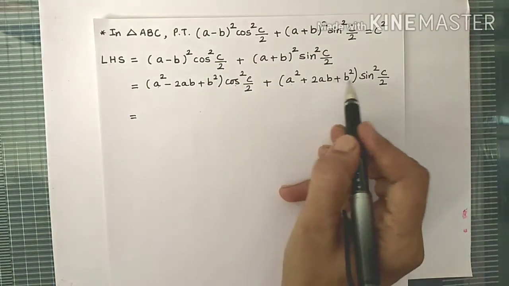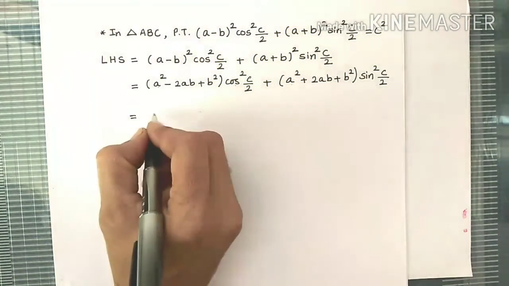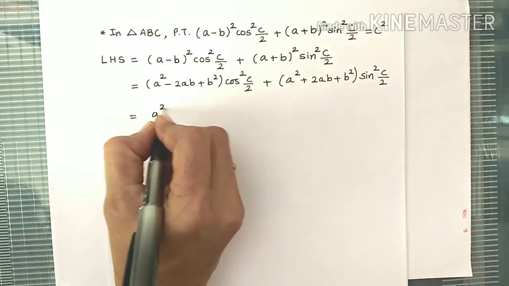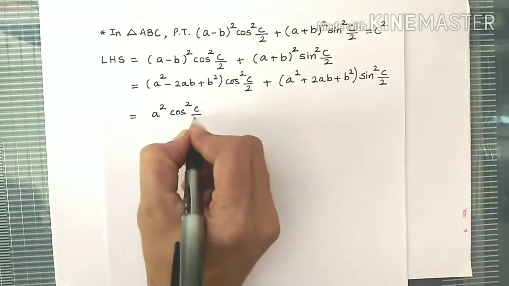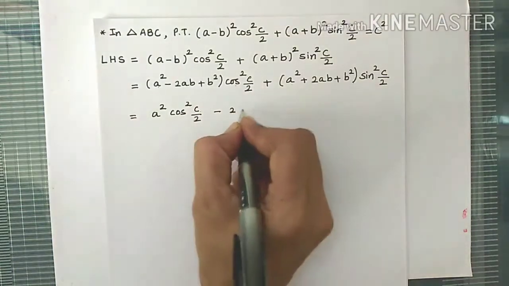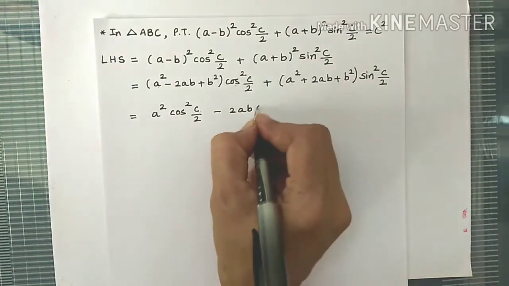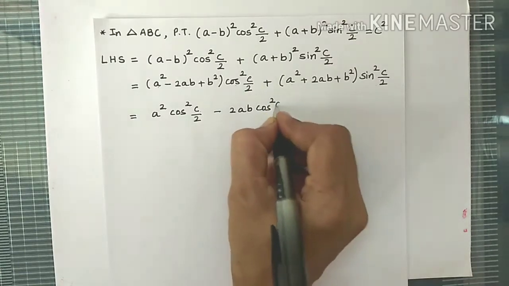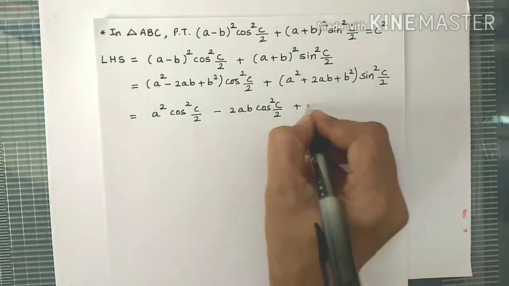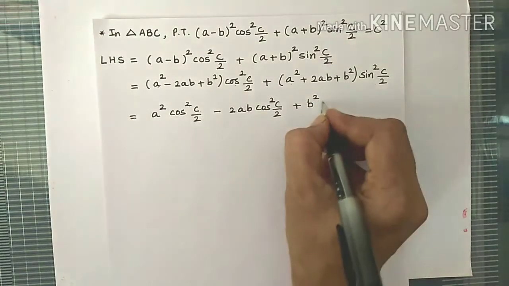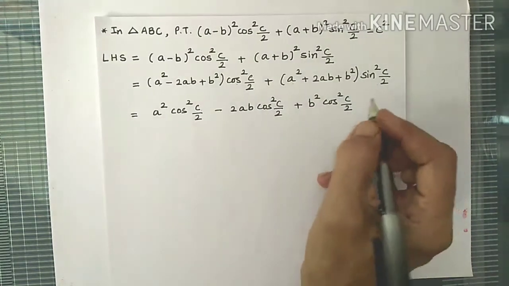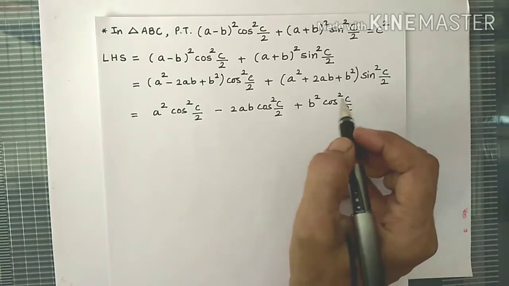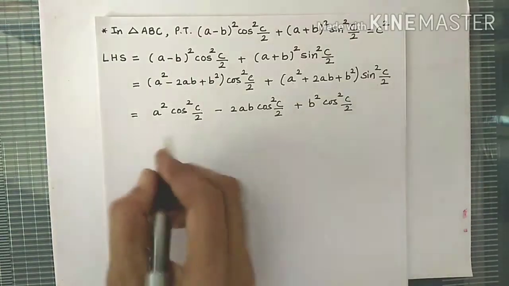What we get is a square cos square C by 2 minus 2ab cos square C by 2, and the last term is b square cos square C by 2. So this is the simplification of the first bracket multiplied by cos square C by 2. Now next, multiply these three terms by sin square C by 2.